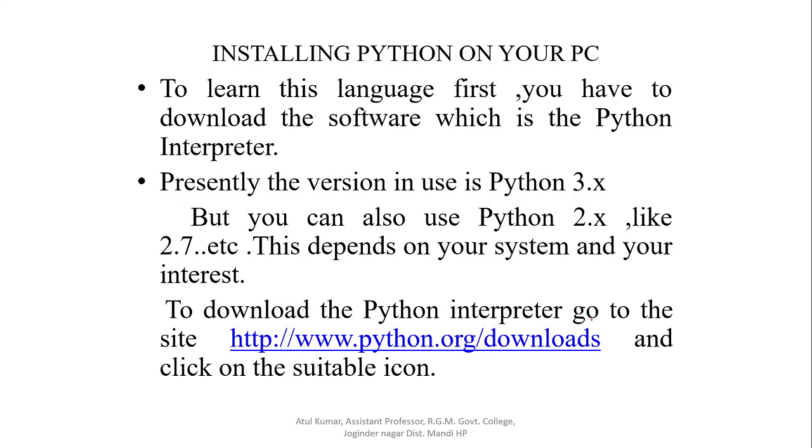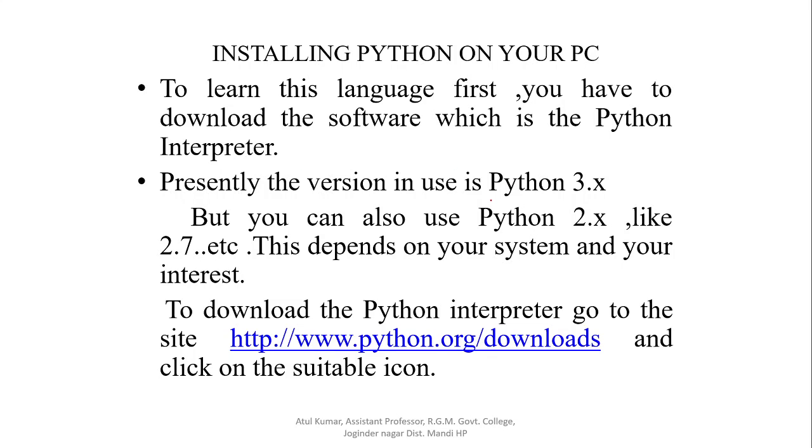So next, how to install Python on a PC. Firstly, you have to download a software, which is the Python interpreter. There are different versions you can download from the website.